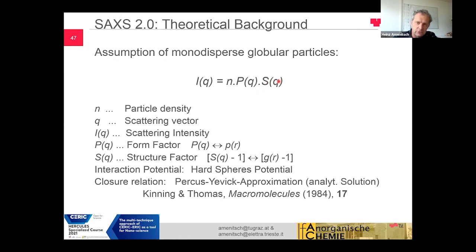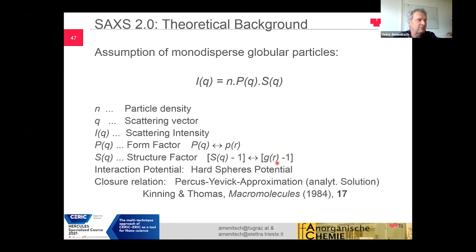If you have diluted particles, the structure factor is 1. If you have concentrated particles, you have an influence of the structure factor. So you have the form factor, which is correlated with the pair distance distribution function, and the structure factor, which is correlated with the correlation function of the particles to themselves in solution.